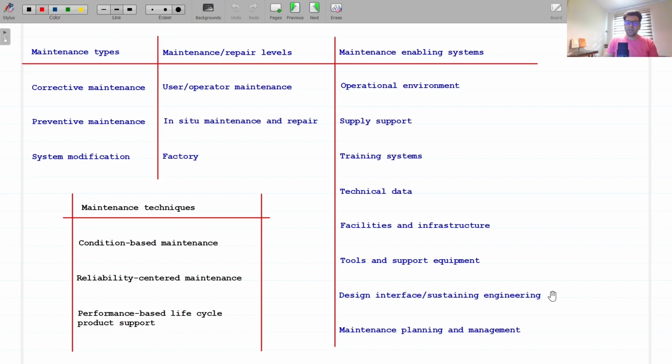Activities include collection and analysis of use and maintenance data, analysis of safety hazards, failure causes and effects, reliability and maintainability trends, and operational usage profile changes.